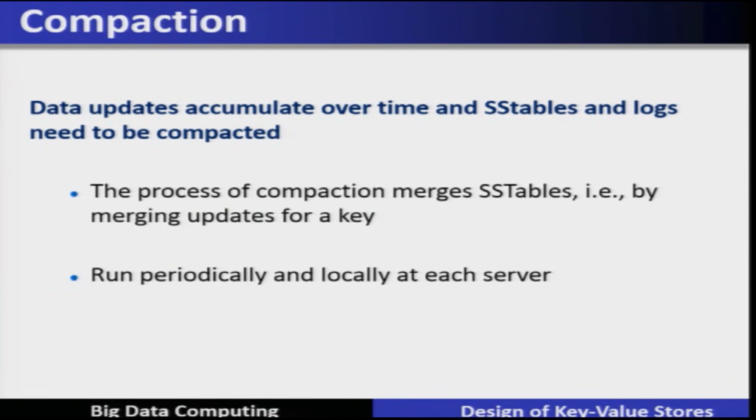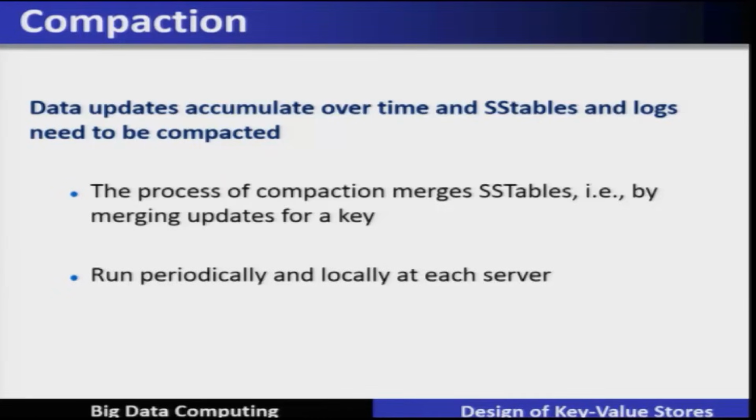Now, coming back to Cassandra again, we have discussed that data updates will accumulate over time, and SS tables and the log need to be compacted. Compaction is a process which will merge different SS tables and logs together.